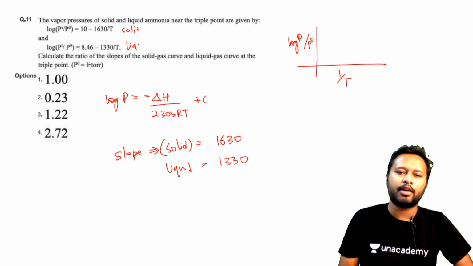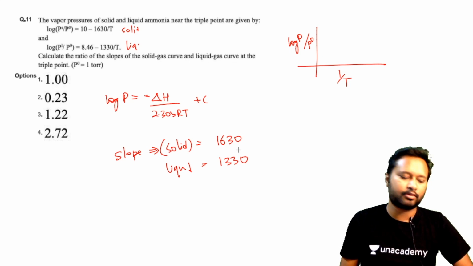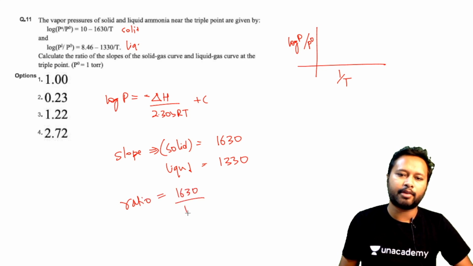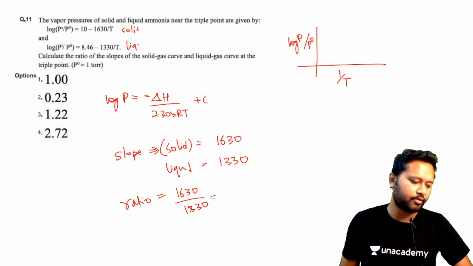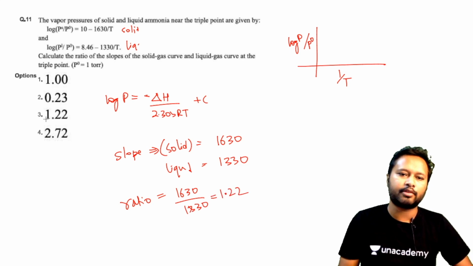Now you have to give the ratio of the solid-gas curve and liquid-gas curve, so just divide these 2 values. The ratio which they are asking will be 1630 divided by 1330, and on solving this you are going to get 1.22, which is option number 3.